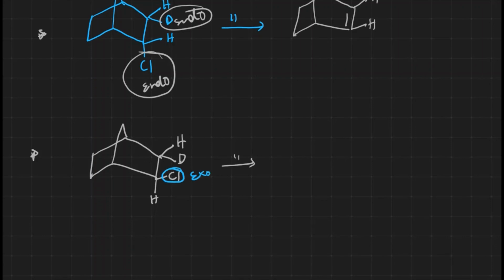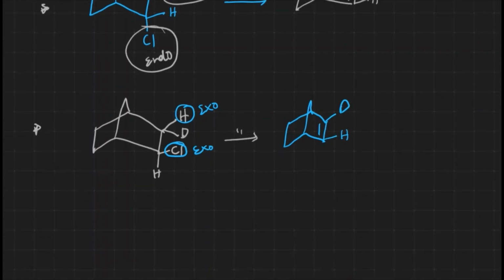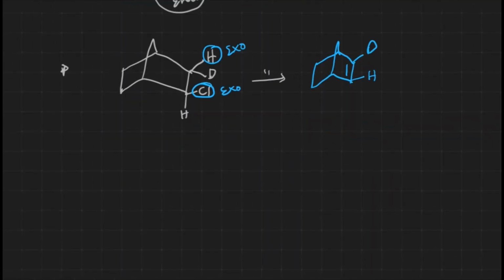Chlorine at the exo position and hydrogen at the exo position. Exo elimination takes place, that is known as syn coplanar elimination, right? That's what the product is going to be, something like this. Okay, that is how it is. We may get a doubt, why are we writing something like this? It is sp2 hybridized and planar, right? No need to worry about the positions.